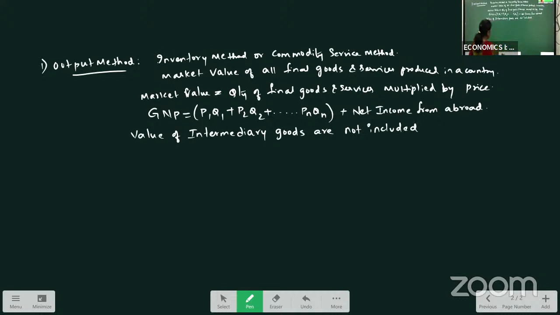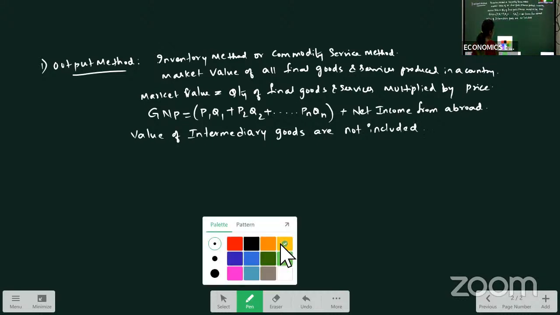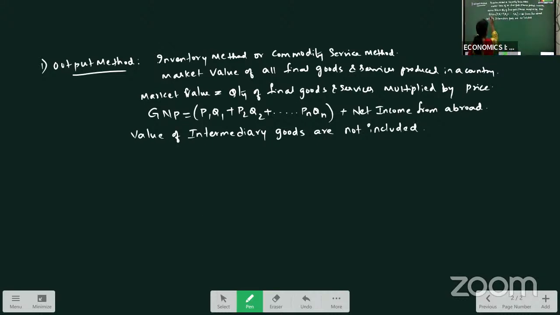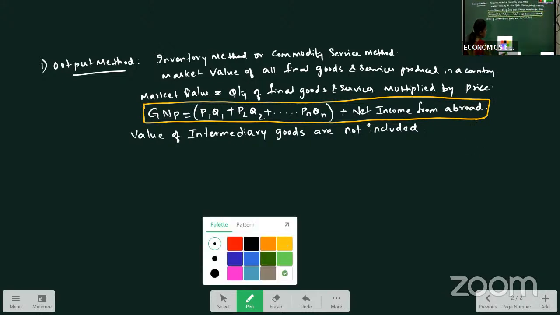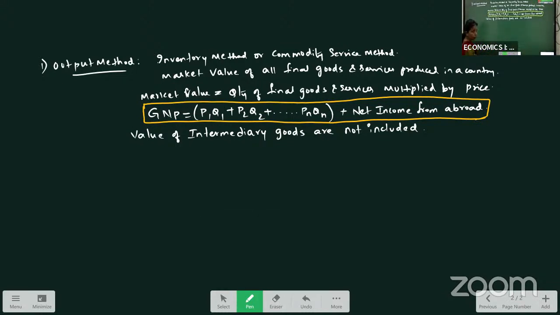So just to see the formula how you are having for this, GNP is equals to P1Q1 plus P2Q2 plus so on up to PNQN plus national income from abroad. One more point you should add here, value of intermediary goods are not included. Okay, this completes your output method.